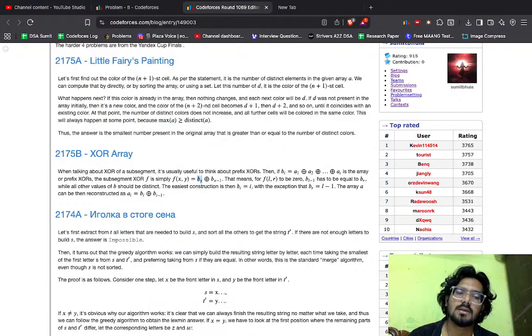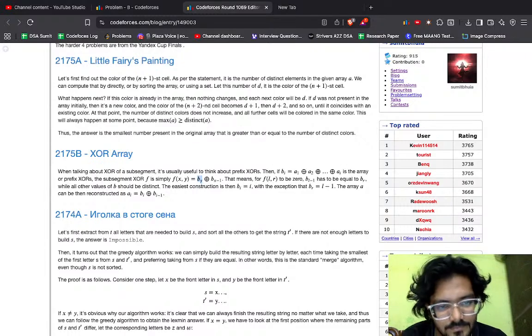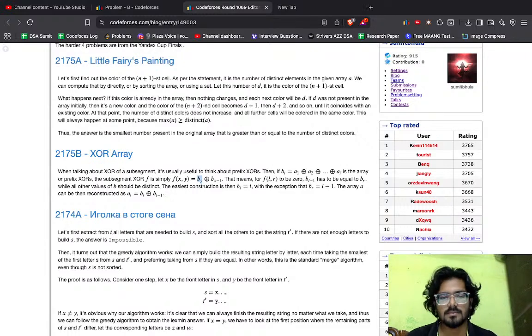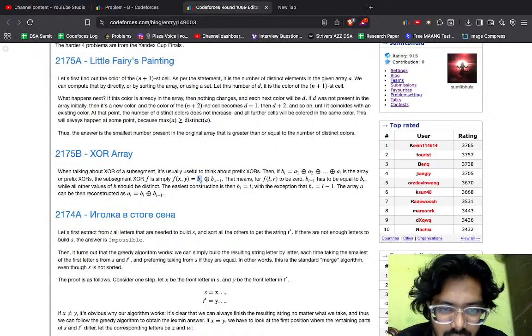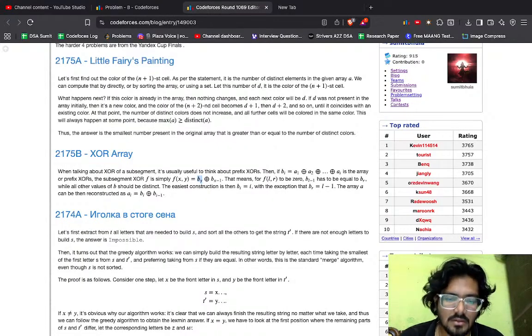Every other prefix XOR at every other position should be distinct. Other than these two, we can ensure that only the range is 0 and nothing else. The easiest construction is then bi equals i.